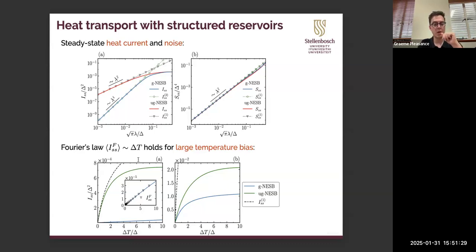Far from equilibrium, where delta T is large, you don't expect this to hold. And this is what you find with this ungapped model, where you don't have this additional harmonic oscillator.